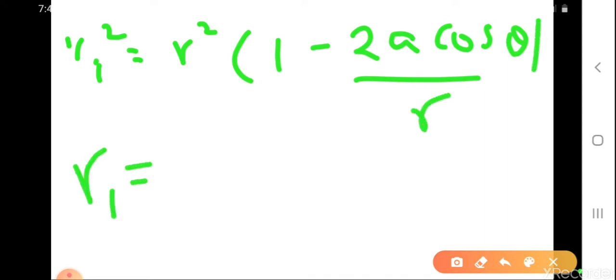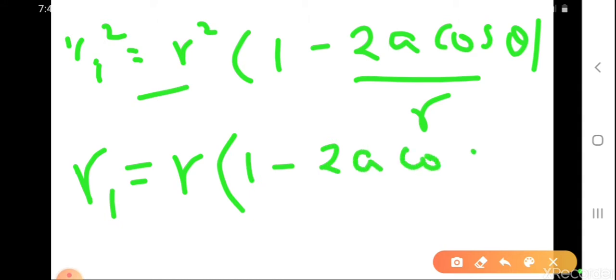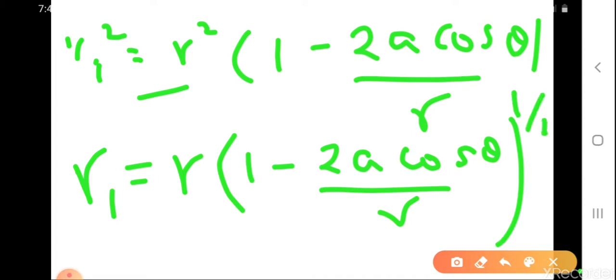You will find the square root for this. The square root of r square into 1 minus 2a cos theta by r should be found. So I can write 1 minus 2a cos theta by r to the power 1 by 2. But what do we want? Do we need r1? No, we need 1 by r1.